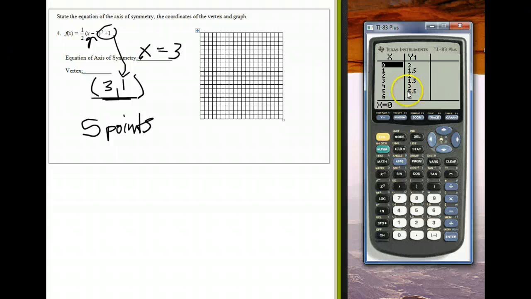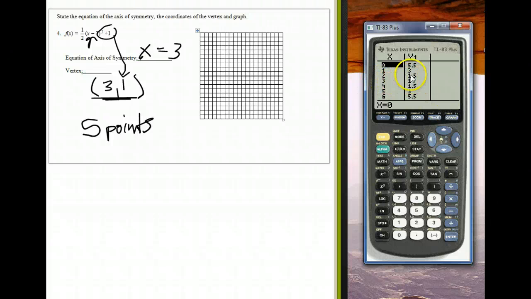What do I have typed in correctly here? It should have 3, 1. Let me go check this real quick. Alright, I just realized that I have a 2, and this needs to be a 3. So that should fix it. I go to my table, and sure enough, there's my 3, 1.